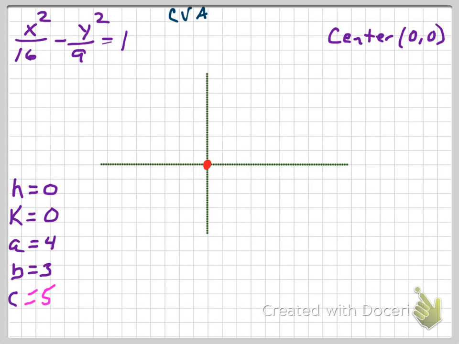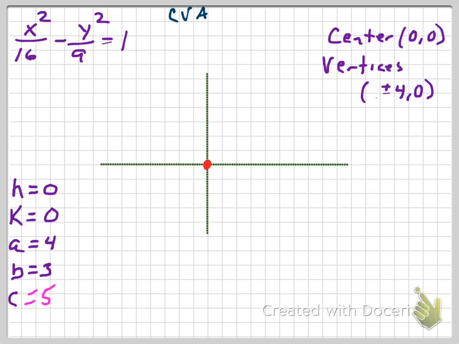We said this was a horizontal hyperbola, so we're using those formulas for a horizontal. For the vertices, the formula I believe is h plus or minus a, comma k. So that's 0 plus or minus 4, comma 0, which is just plus or minus 4, 0.